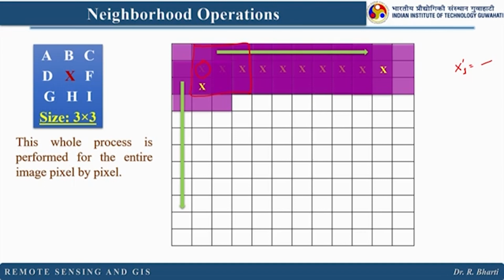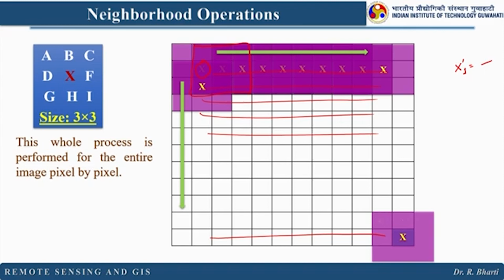We have covered this, then we will cover this, and like that we will cover the entire image, and the new pixel value will be used to replace the older pixel value. But just assume what is happening with the corner pixel. Here you don't have a neighborhood. All these values are present, but these values are not present.